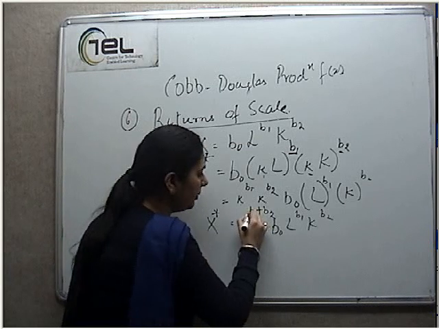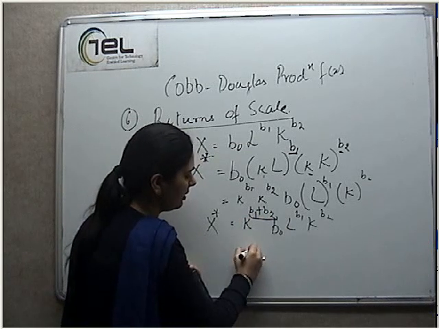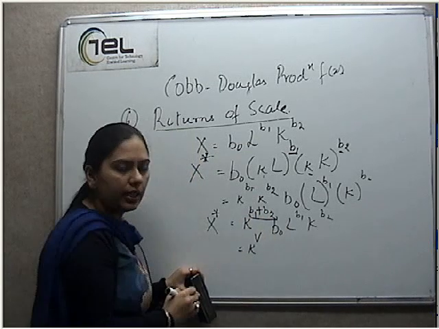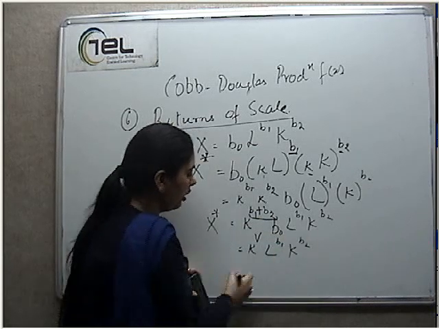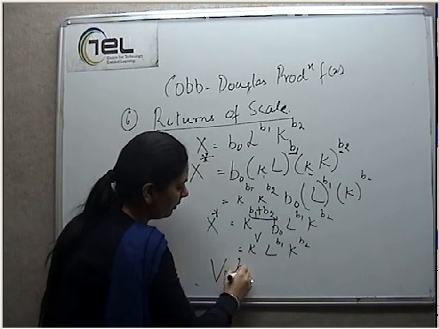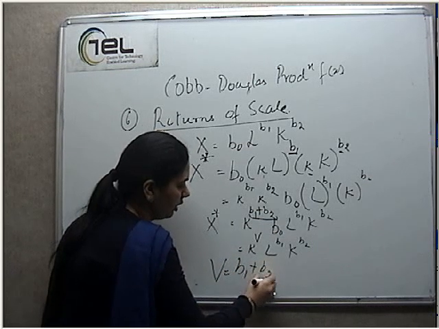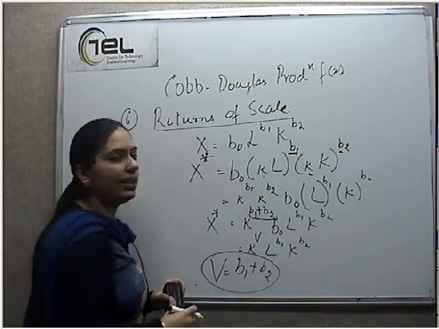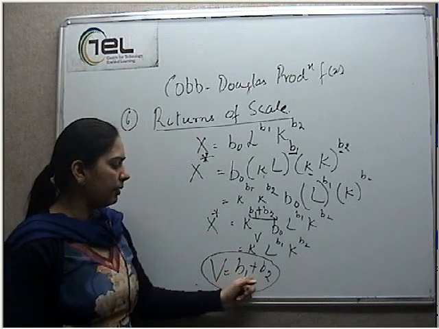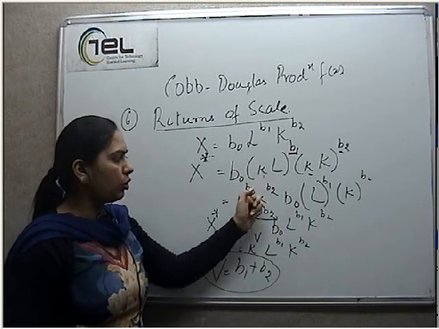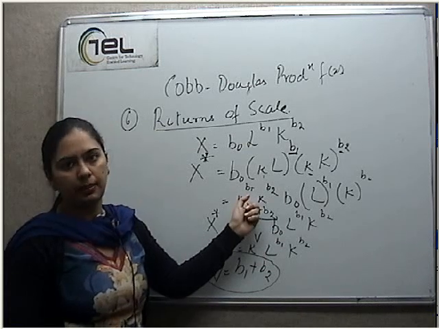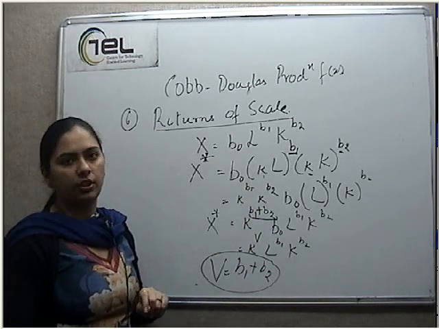Now this b1 plus b2 can be written as k to the power v, L^b1, K^b2. Now here v is nothing but b1 plus b2. Now we have derived the value of v till here. V is b1 plus b2, which is the addition of coefficients which we have taken out common with the small k when we multiplied this with the homogeneous production function.